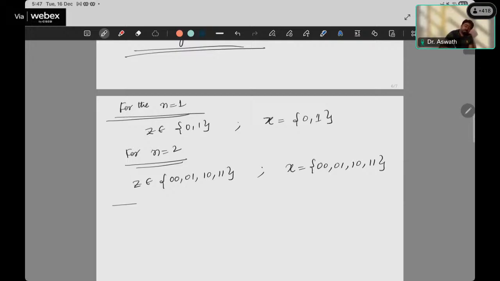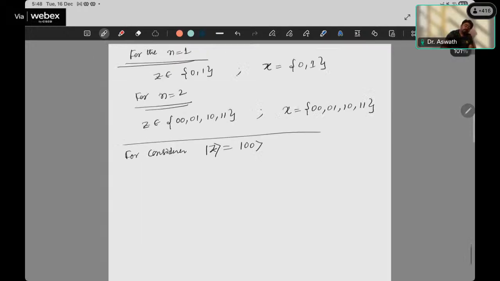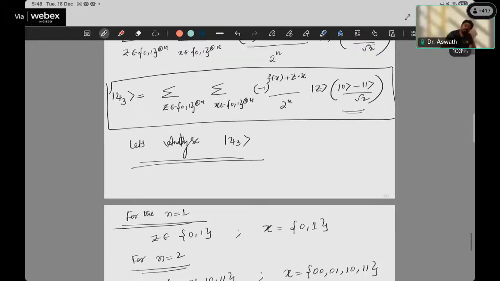Now there is an interesting thing that happens when we consider z equal to |00⟩. Just take z ket equal to |00⟩. For n equal to 2, I am trying to analyze what my psi 3 would look like.